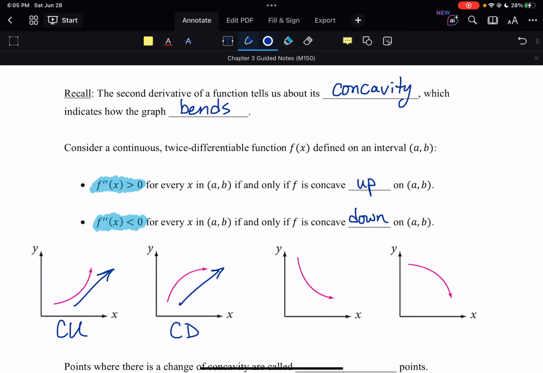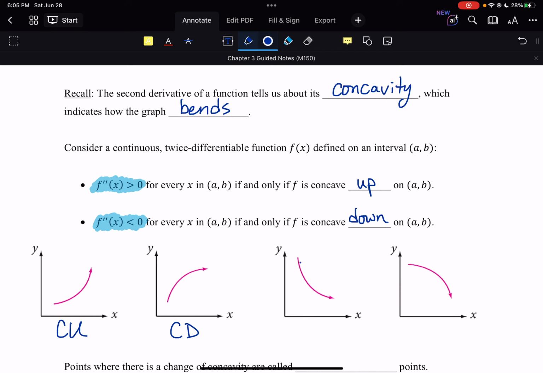They're both going up from left to right, but this one is going up faster. This one is increasing at an increasing rate. This one is going up, but it's going up slower. It's increasing less and less every time we move over. So that's what's making it concave down, even though the function itself is increasing, okay?